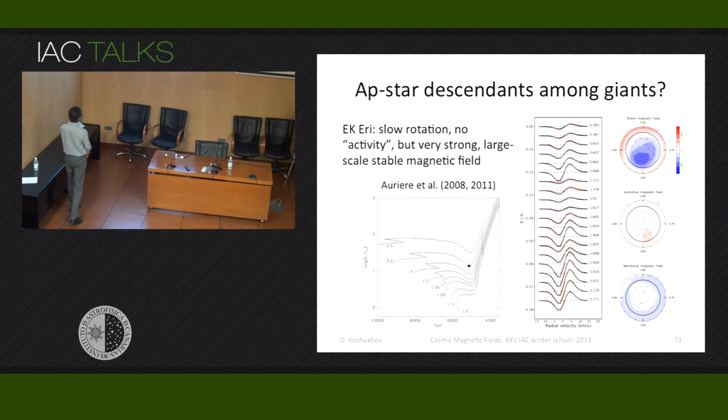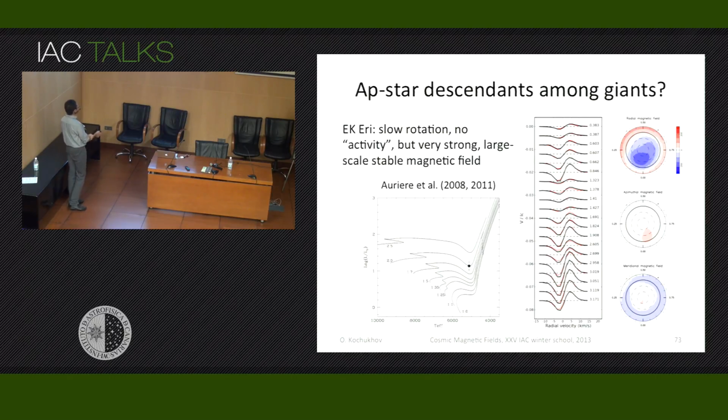But there are now 3 or 4, maybe 5 giants which show quite strong magnetic fields and very slow rotation, and the magnetic field is nearly dipole axisymmetric. So you see an example of such a giant here.